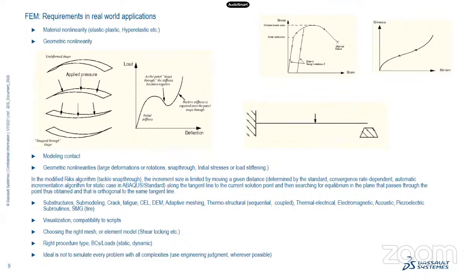For material nonlinearity, it can be elastic-plastic, or completely plastic; different models are there, and we can model creep. So for addressing a real world problem, we should have a material nonlinearity model. Another thing is geometric nonlinearity.